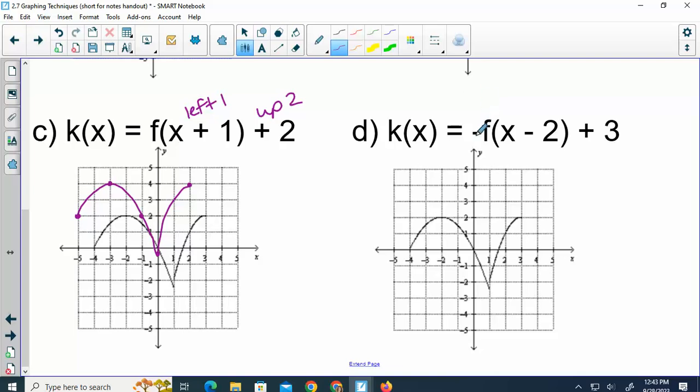All right. So we flip over the x, right 2, and very last thing has to be the f3.